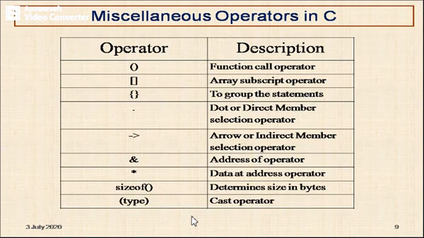I want to convert that into integer. So I can use the statement within brackets int followed by 2.5. 2.5 is the floating point value, but the type I have given is int. So the floating point value 2.5 will be converted into integer type. So it will provide only 2.